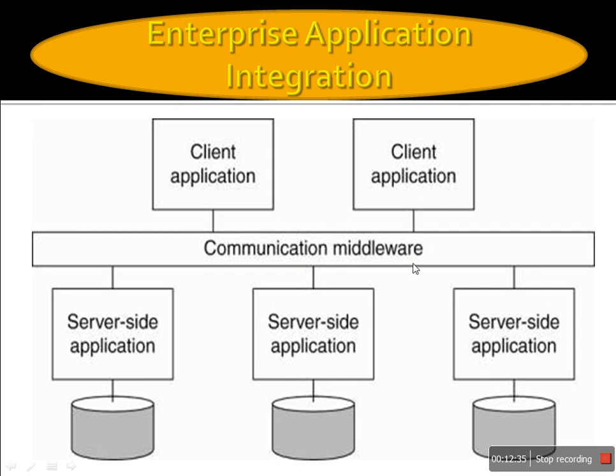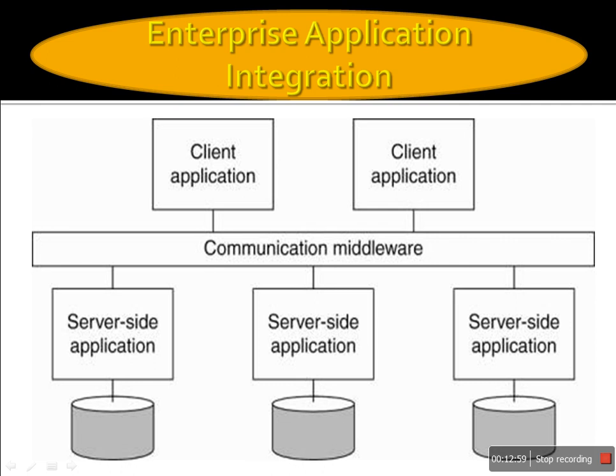So here communication middleware can be RPC, which is remote procedure call. An application component can effectively send a request to another application component by doing a local procedure call, which results in the request being packaged as a message and sent to the callee.